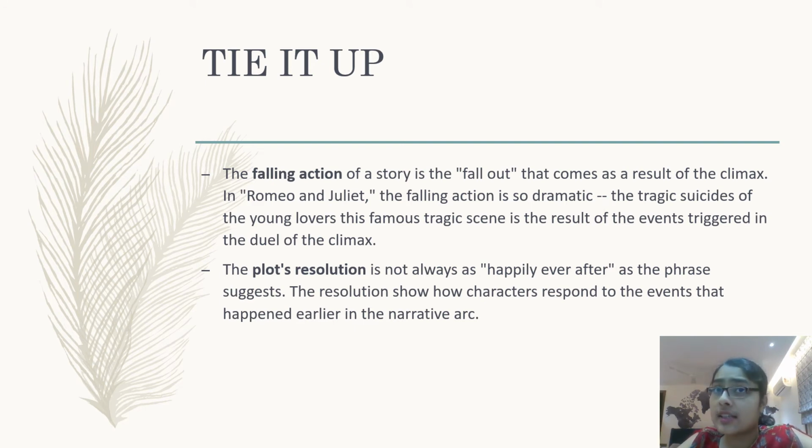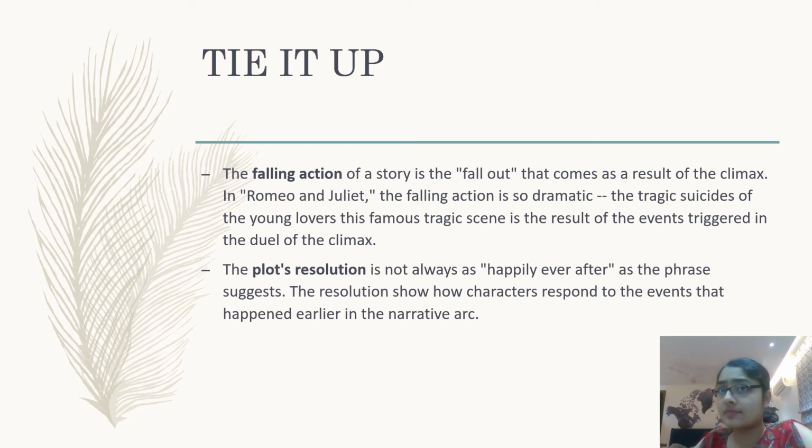The falling action of a story is the fallout that comes as a result of the climax. In Romeo and Juliet, the falling action is so dramatic: the tragic suicides of the young lovers, and this famous tragic scene is the result of events triggered in the duel of the climax. I don't know how many of you know Romeo and Juliet's story, but basically what happens at the end is that because of this duel, that's the climax of their story, they both decide to commit suicide.